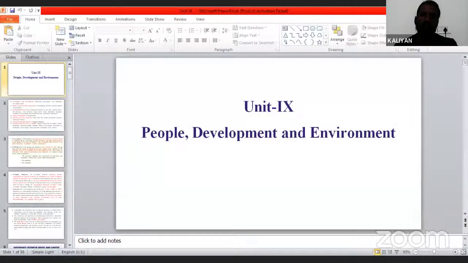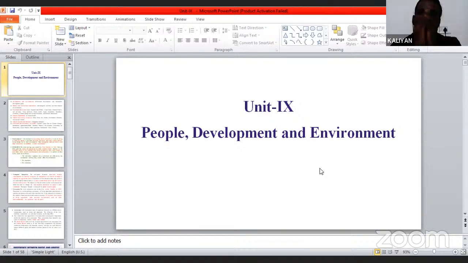I'll stop here. If you have any doubt, please ask. See, this is mostly what you read in higher secondary school or in environmental science. Mostly that part will be coming in this section.